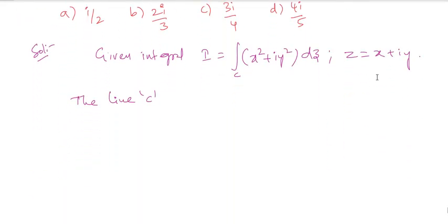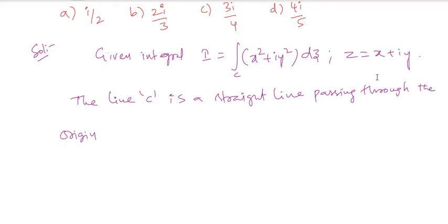So the line C is a straight line passing through the origin, and its equation is y is equivalent to x. Am I right or not?